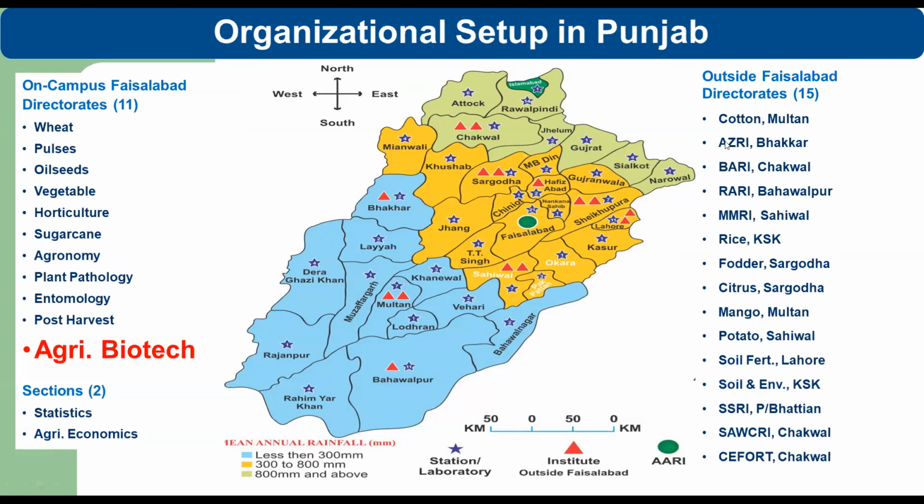Apart from that, we are also working on plant protection activities, post-harvest crop management, and development of crop production technologies in wake of climate change. Our headquarters is based in Faisalabad, and we have some outstations in different cities.